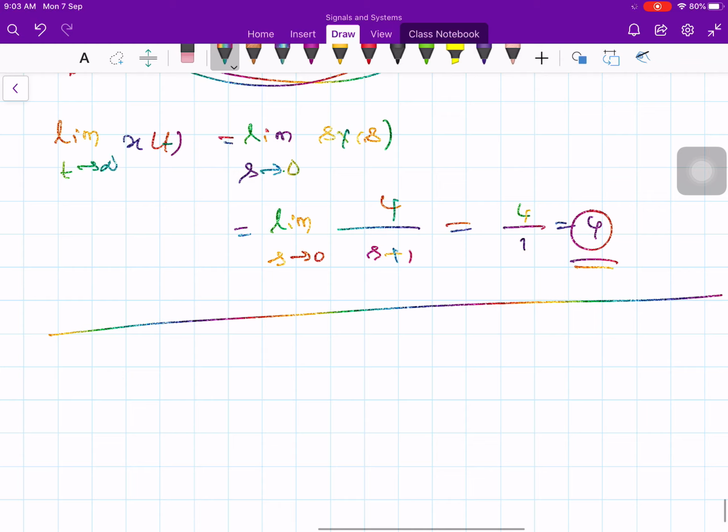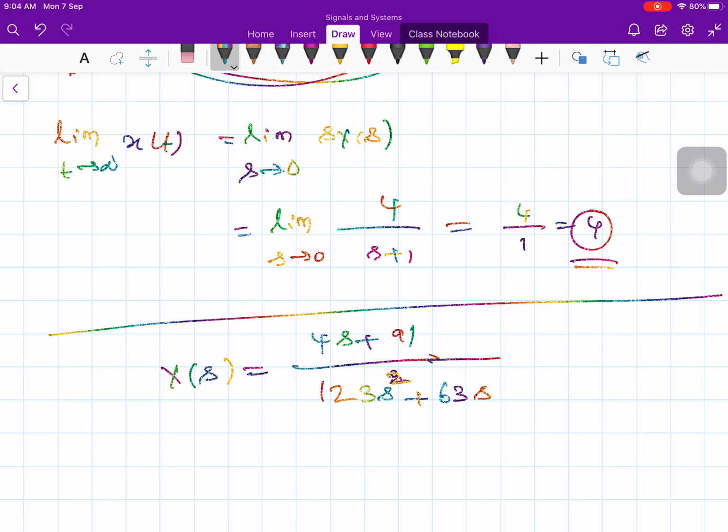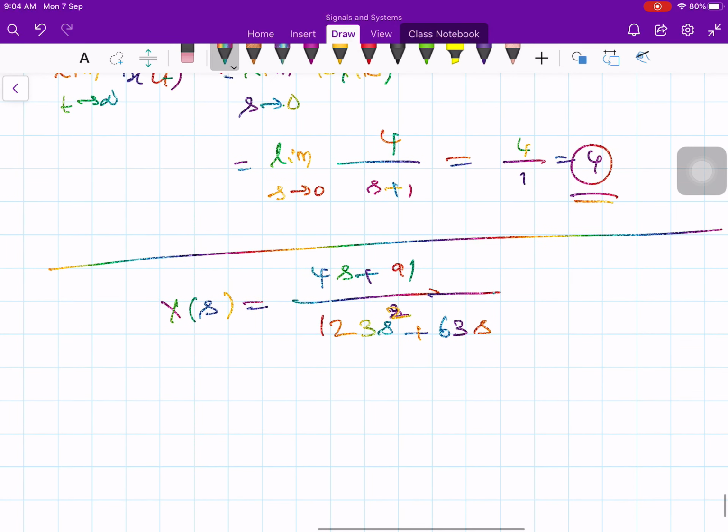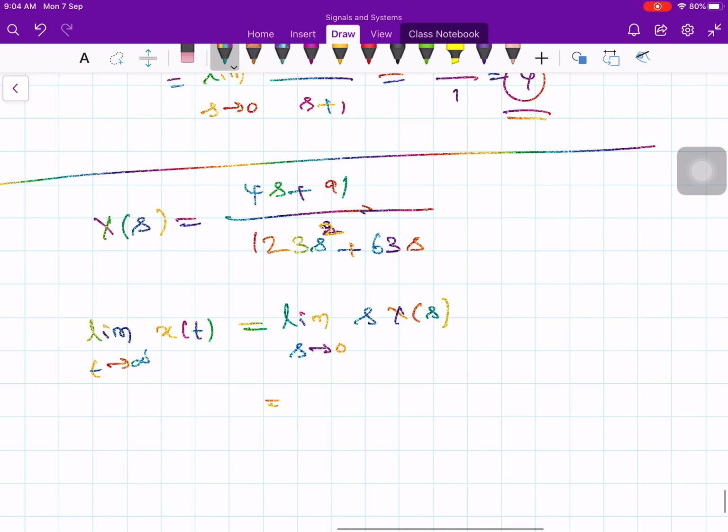Let me take one more example. Let us say x of s is equal to 4s plus 91 divided by 123 s squared plus 63 s. Now limit t goes to infinity x of t is equal to limit s goes to 0 s times x of s. Multiplying s in the numerator, it becomes s times 4s plus 91.